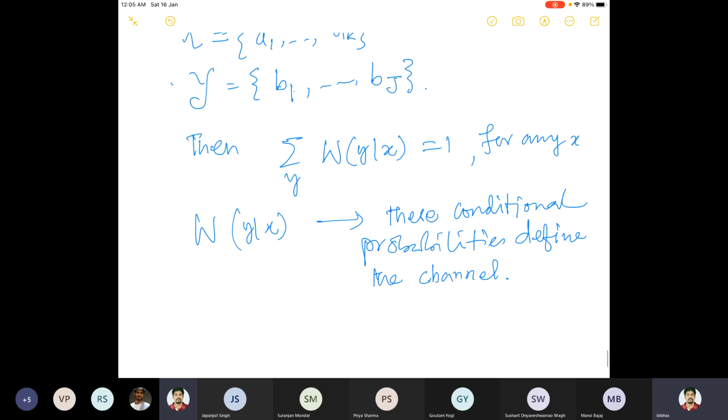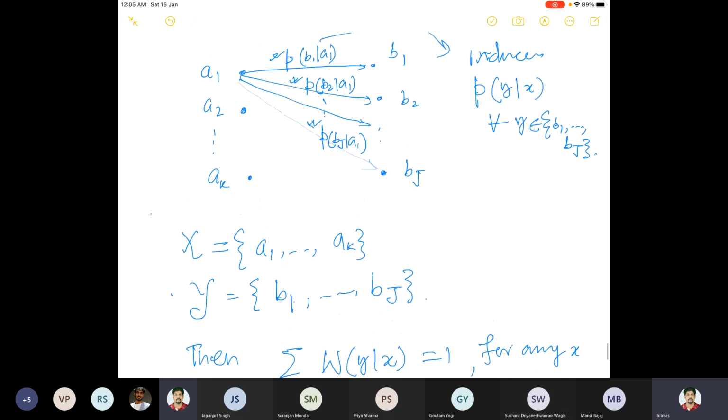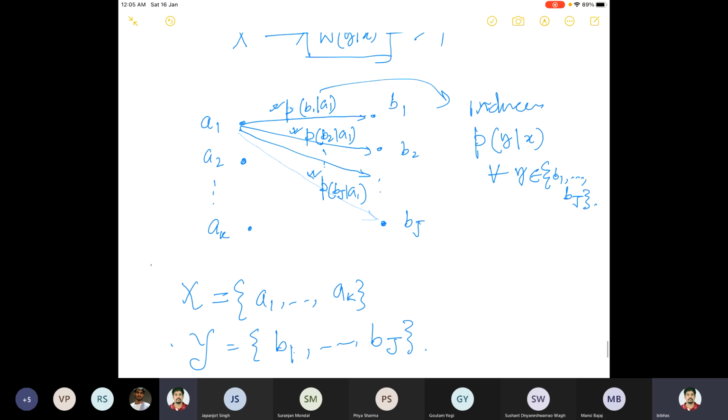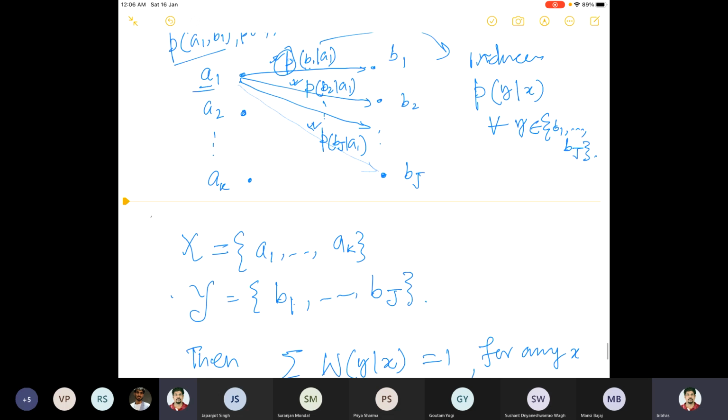This is the probability of getting B1 when A1 is sent, and there is also the probability of A1 comma B1, which is the joint probability, and there are also P of A1 and P of B1.